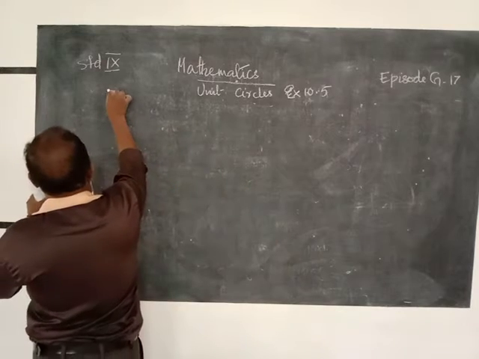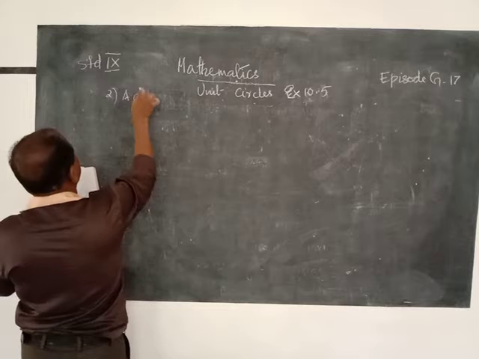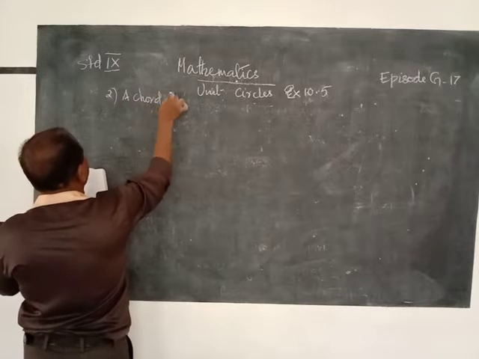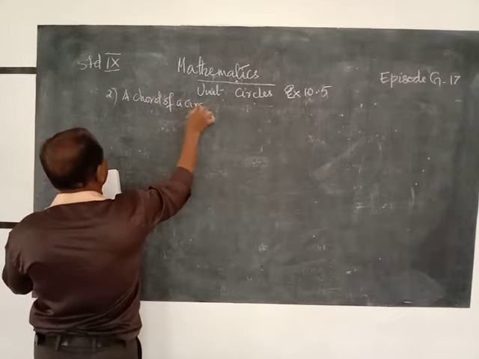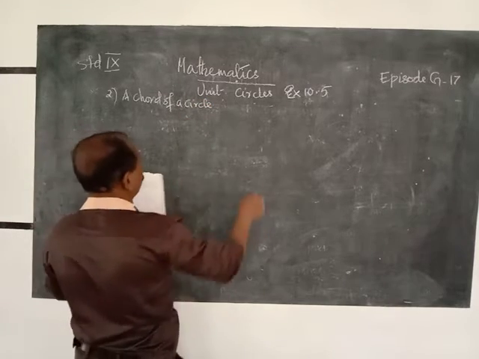Question number 2. A chord of a circle is equal to the radius.